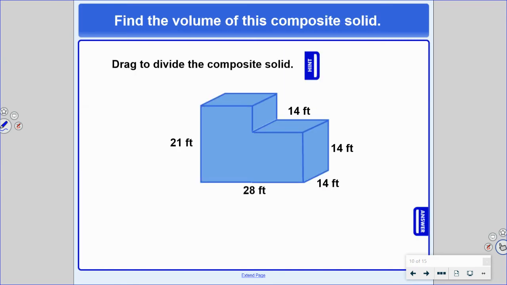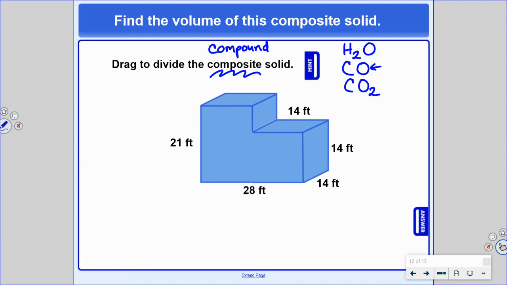Now we get to something that's a little trickier, and that is composite solids. Now, just like a compound in science class is a combination of 2 or more objects, think about water, has both hydrogen and oxygen atoms. Think about carbon monoxide with mono or 1 oxygen, carbon dioxide with 2 oxygens.